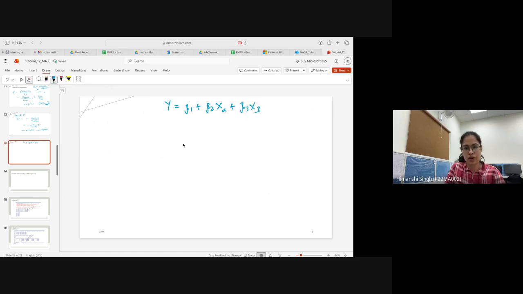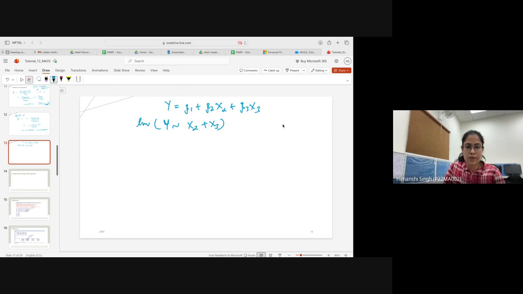If this is the model, then I'll store the observations in the variables x2 and x3, and I will store the observations of y as a data vector y in R. Then in order to fit a linear model, to find out what beta 1 hat, beta 2 hat and beta 3 hat are, we'll use the lm command that we have already used, y tilde x2 plus x3, depending upon where you have stored the values.